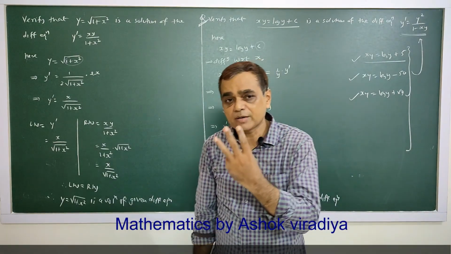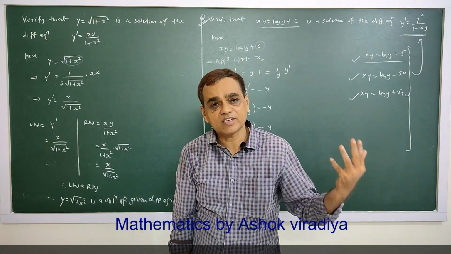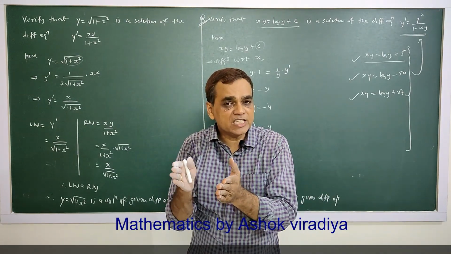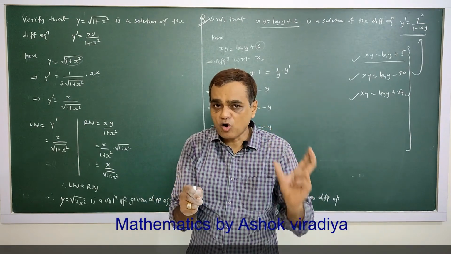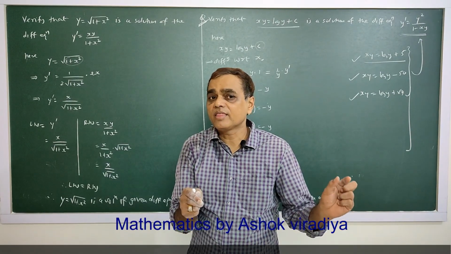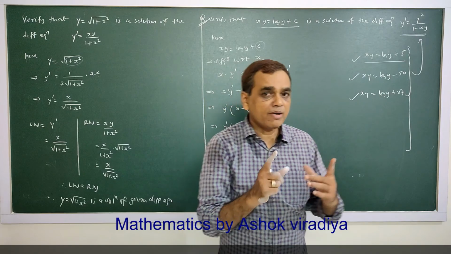If 3 arbitrary constants, then order 3. So the number of arbitrary constants in the equation of a curve is equal to the order of the differential equation of that curve. So remember this statement.